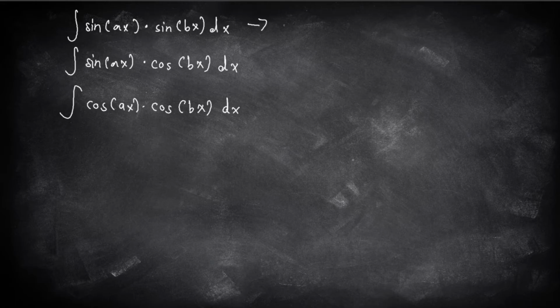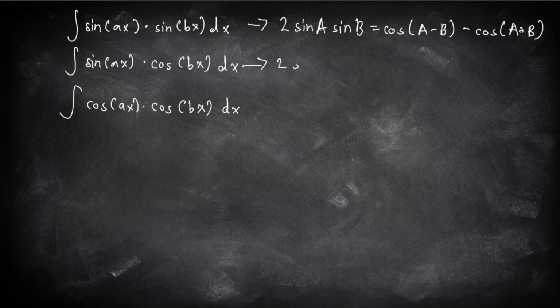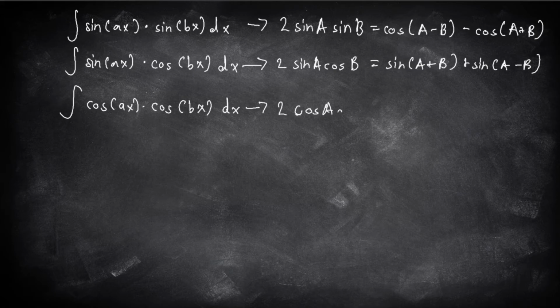For sine times sine, we use the identity 2 sine A sine B is equal to cosine of A minus B minus cosine of A plus B. For this one, 2 sine A cosine B is equal to sine of A plus B plus sine of A minus B. And the final one, 2 cosine A cosine B, is equal to cosine of A minus B plus cosine of A plus B.